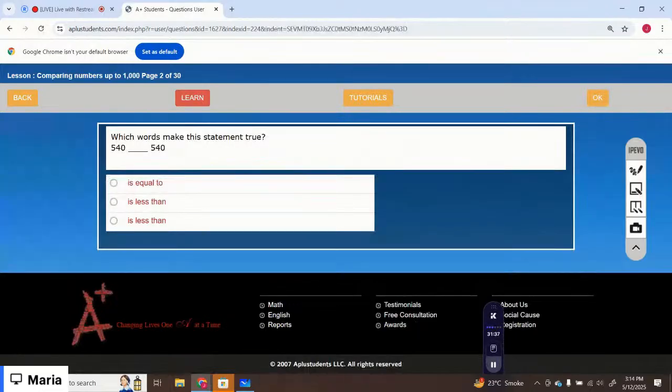Which words make the statement true? You have to compare it to 540.